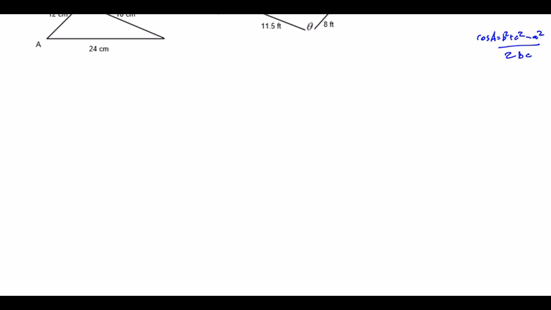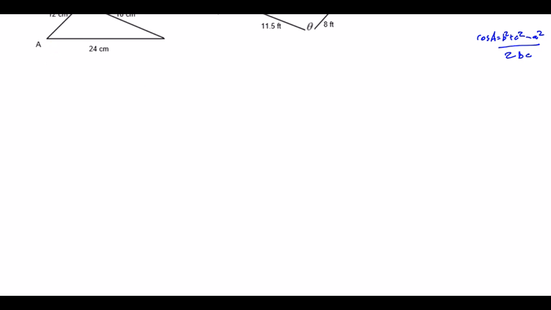So that's basically cosine of A. Cosine of any angle is going to be the two sides that surround the angle added together minus the corresponding side to that angle. So for this side, the corresponding side to the angle is 18.